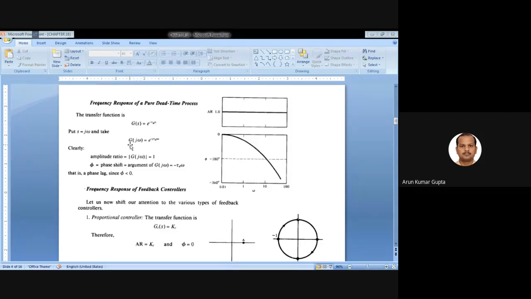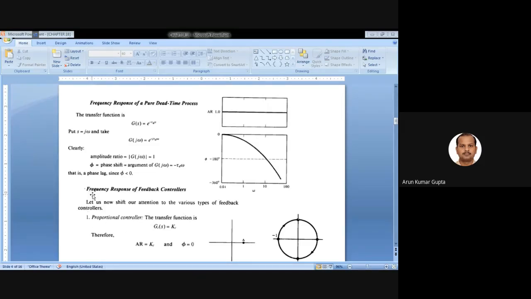If you take the amplitude ratio, that value will be 1, and the phase angle will be minus tau_d omega. So graph-wise AR equals 1, so it is constant, and the phase angle is continuously decreasing, minus tau_d omega, so it will change like this. I think these graphs are not present in the Coughanowr book.